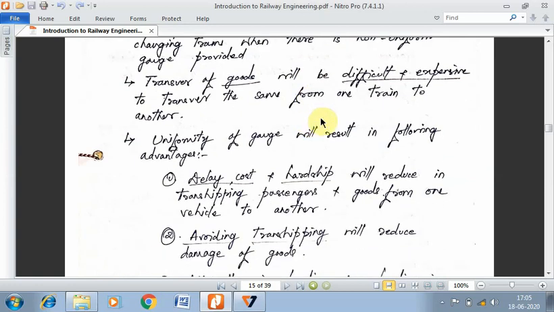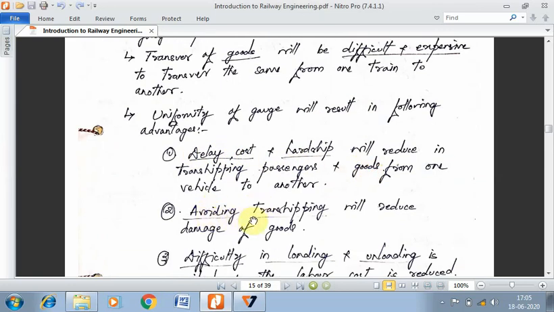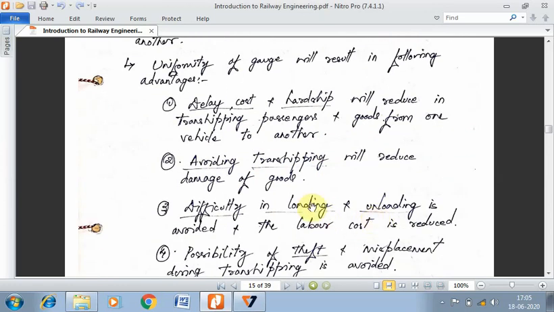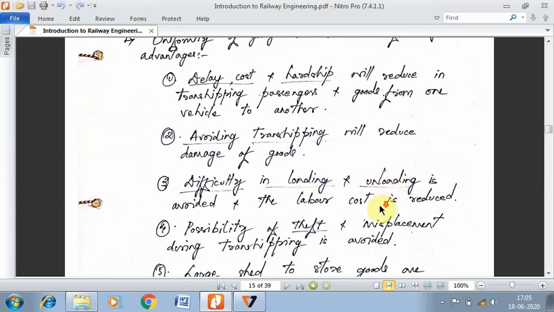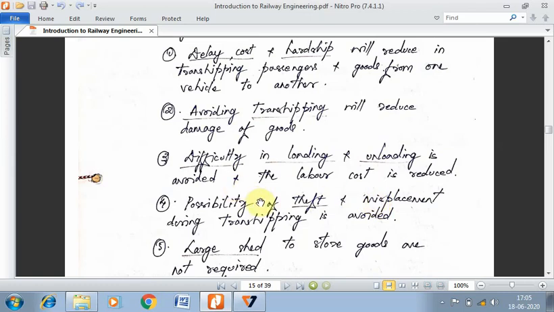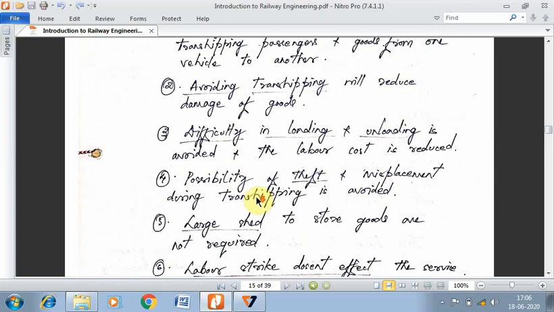Uniformity of gauge will lead to a lot of advantages. It will reduce the delay, cost and hardship. It will also avoid the complications during transshipping and the difficulty in loading and unloading of the goods. Labor and people might also be reduced. The possibility of theft or misplacement of your goods might be reduced.